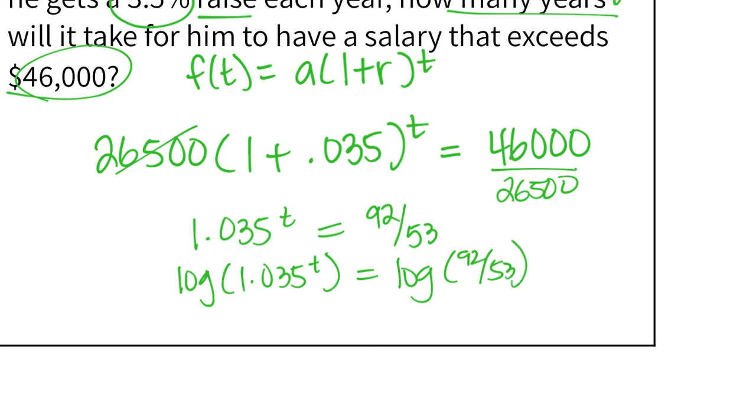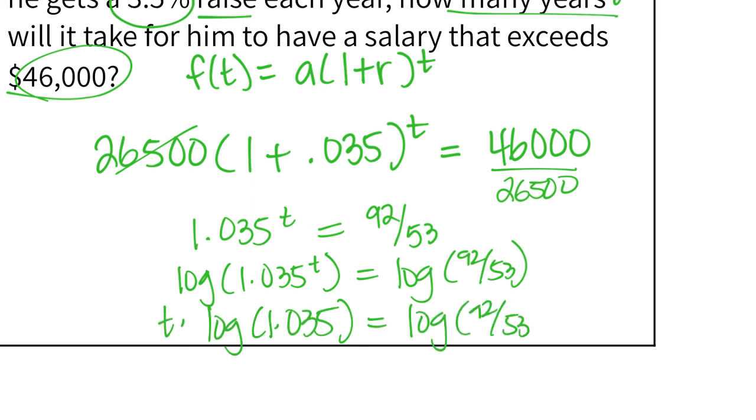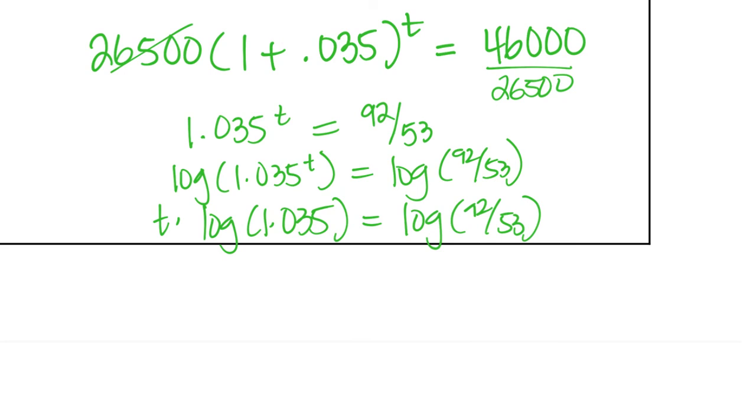And using properties of logarithms, anytime you have an exponent, you can move that out front. And then if I want to solve for t, I need to divide by this logarithm.